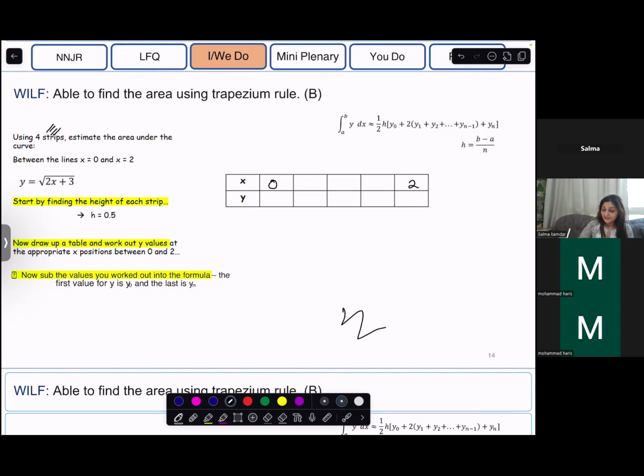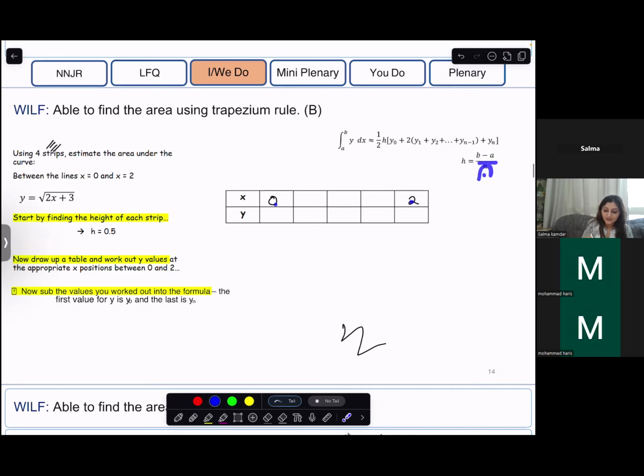You're going to find your h by using the formula b minus a divided by n. So b is 2 minus 0 divided by 4 strips. You're going to get your h as 0.5. 2 minus 0 divided by 4, so 1 by 2.